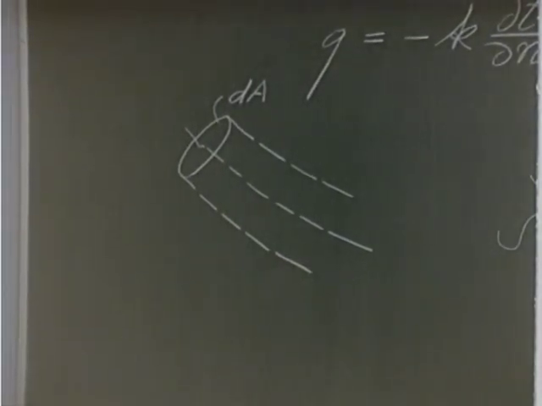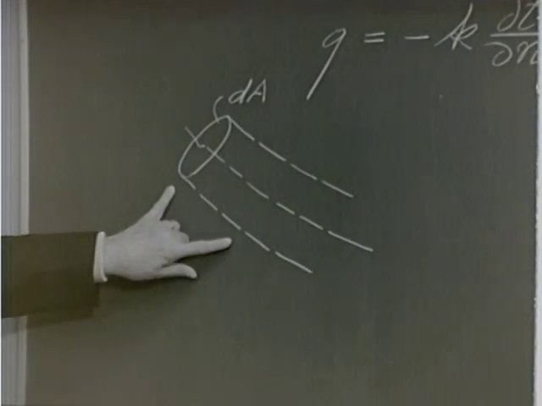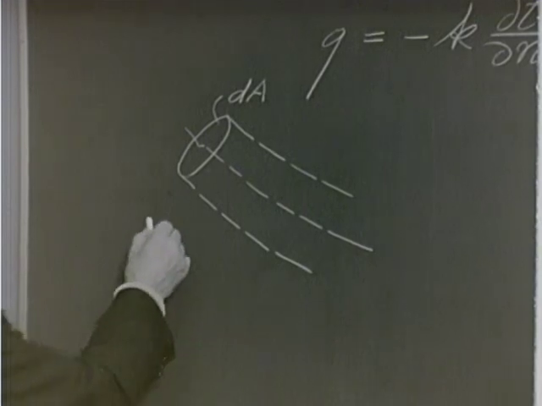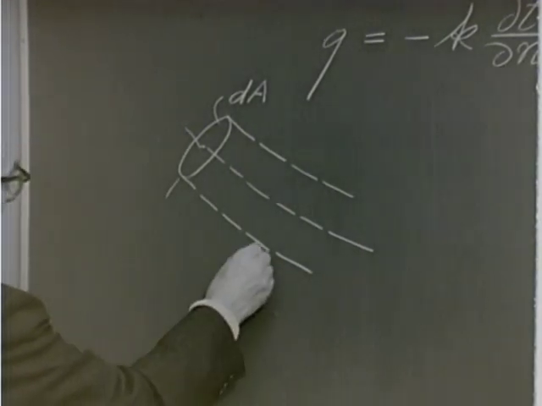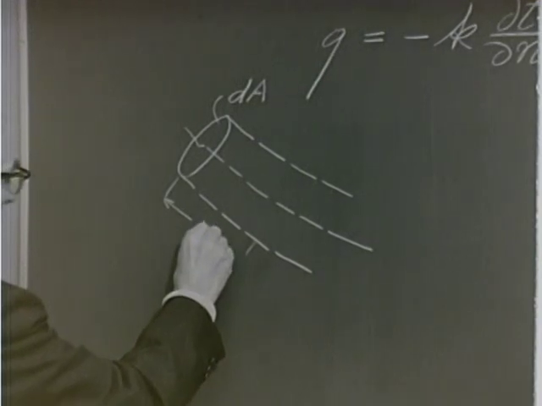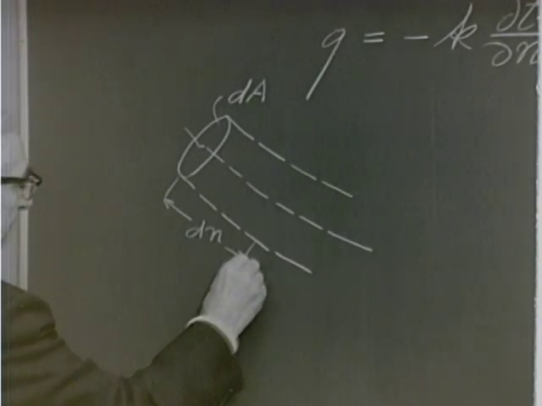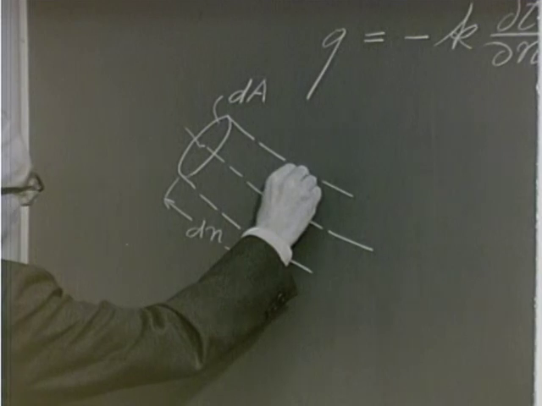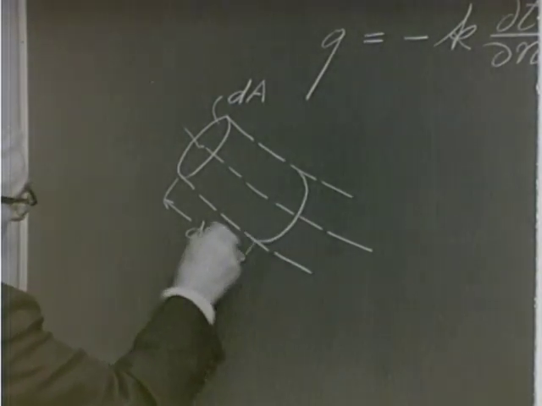And we want to make a heat balance on a small element of this stream tube with a very small length, let's say dn, so that we would have another cross-sectional area here.